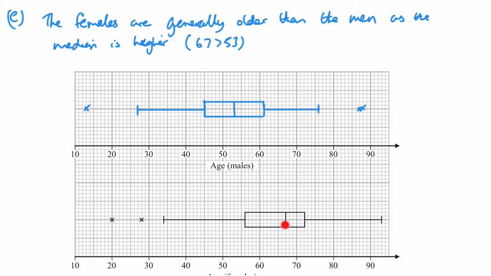So this 50% point is much higher than the 75% there. Over half of the females are older than the majority of the men. So you could also compare the median and the upper quartile in a way as well. But it is probably better to compare like for like in the exam.